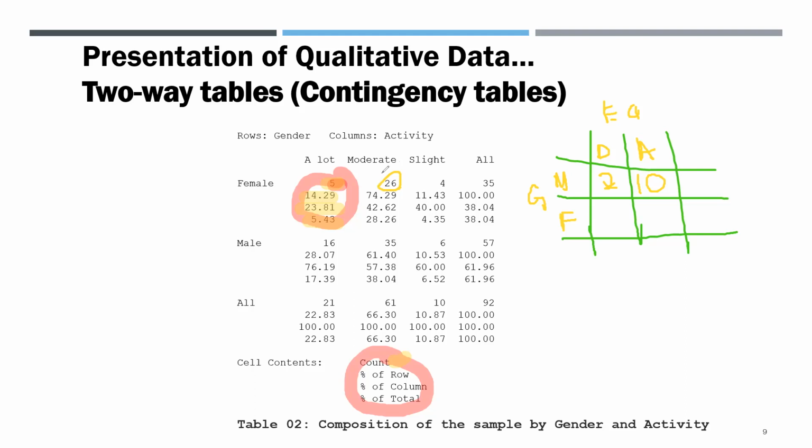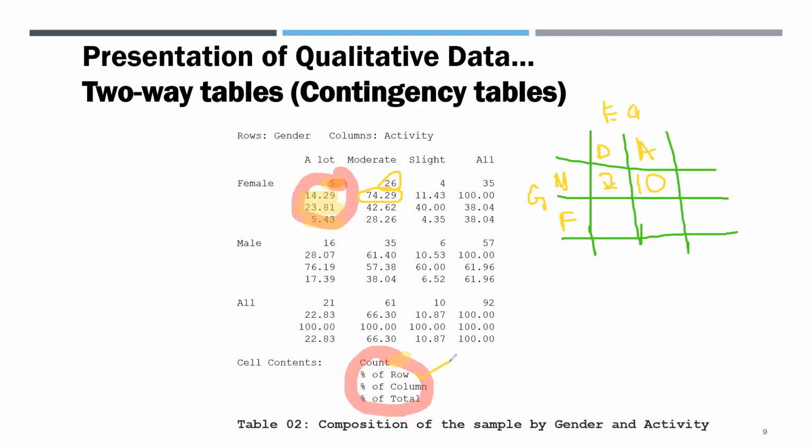The first figure is the frequency or the count. And what is this value?